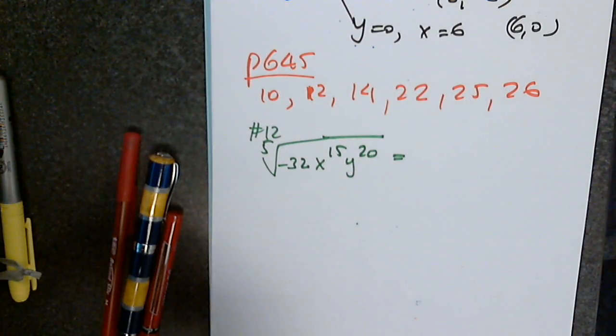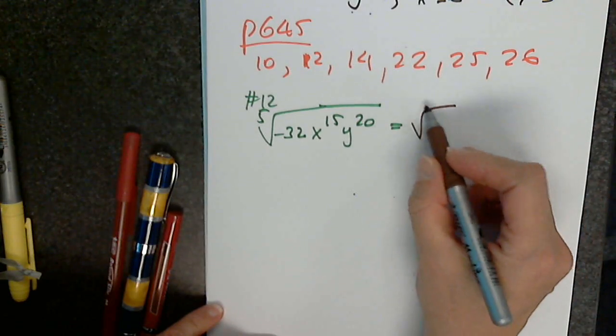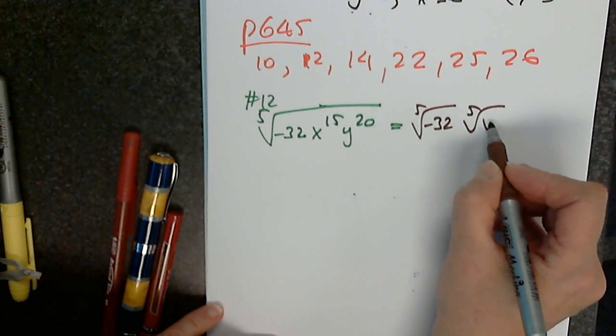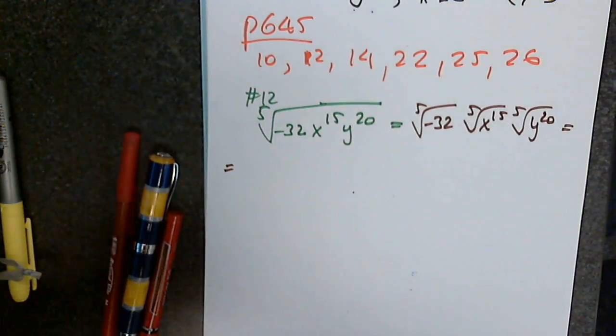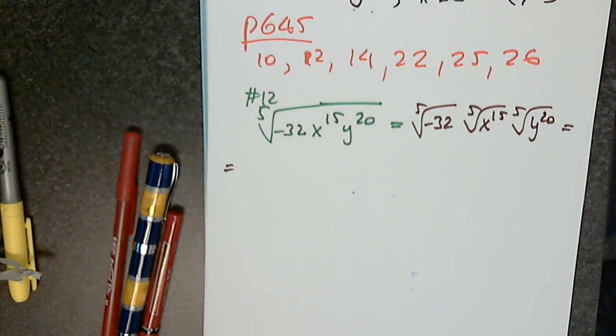Yes, I would separate: the fifth root of negative 32, the fifth root of x to the 15th, and the fifth root of y to the 20th.